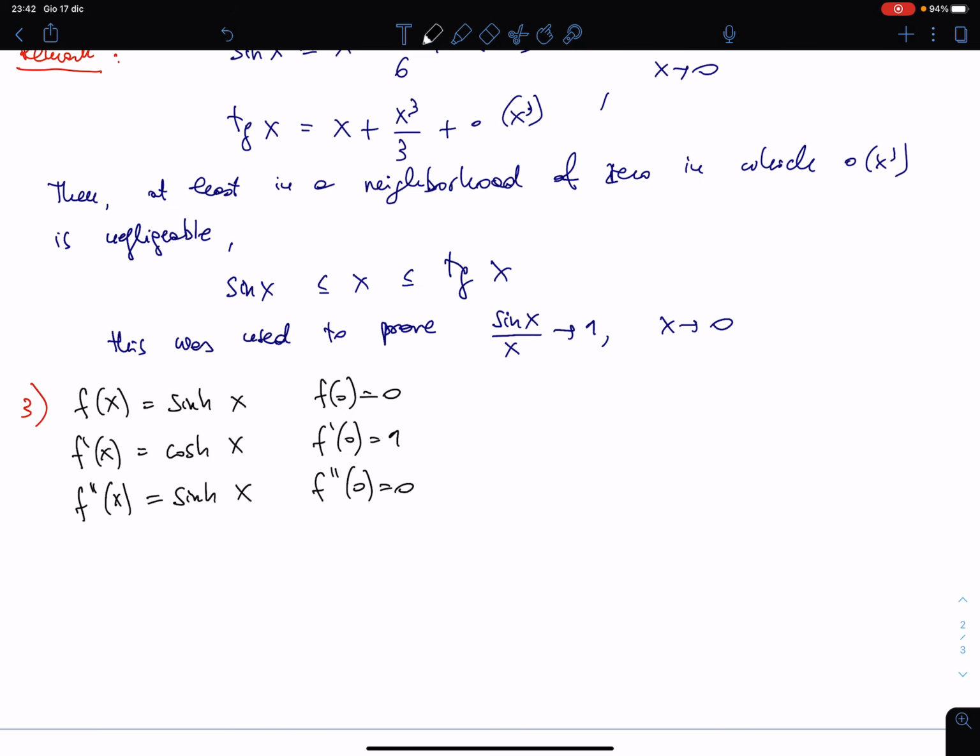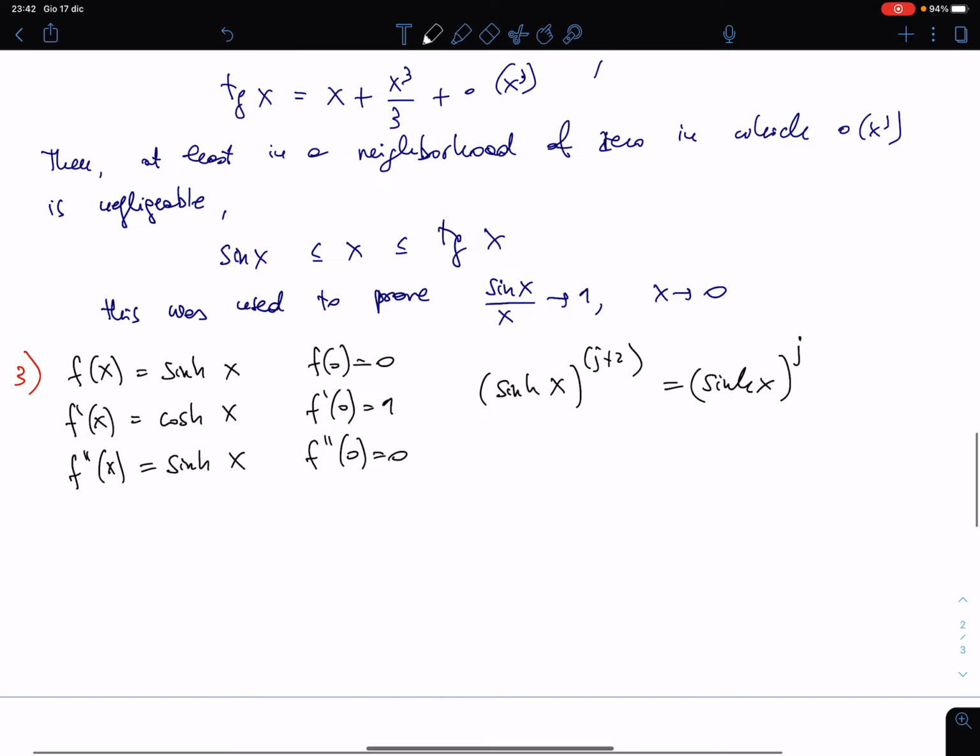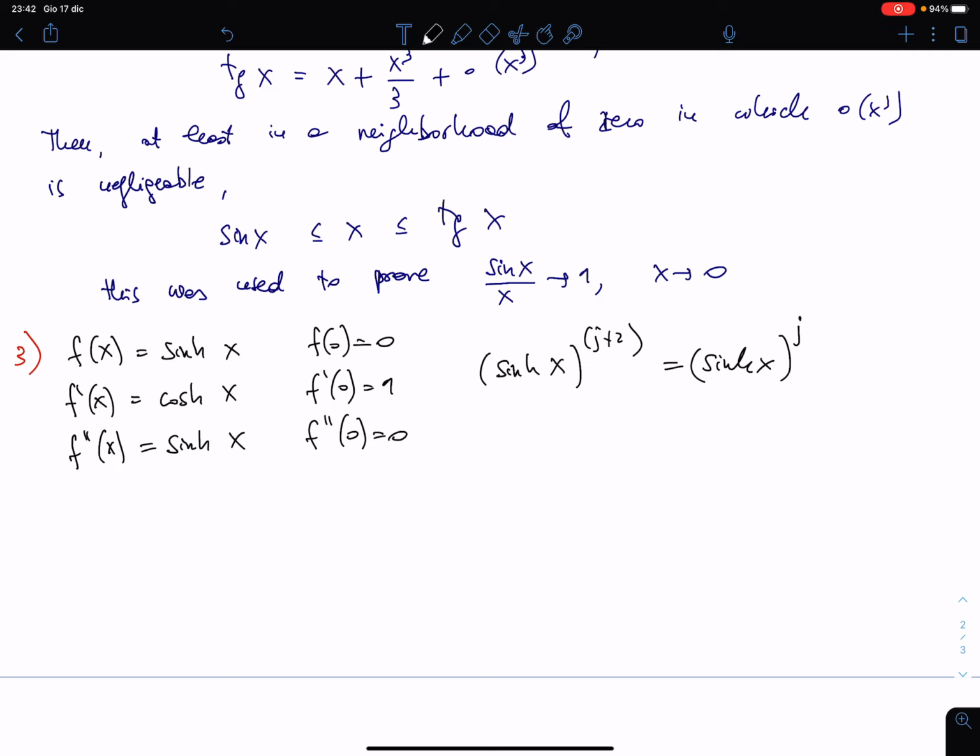And so you see that here you have a periodicity 2. After 2 repetitions, the function is the same, so hyperbolic cosine of x, j plus 2, as a function is hyperbolic sine of x, j. And the coefficients are 0, 1, 0, 1, 0, 1. So what you have is that Pm of x for the hyperbolic sine is the sum for j from 0 to m.